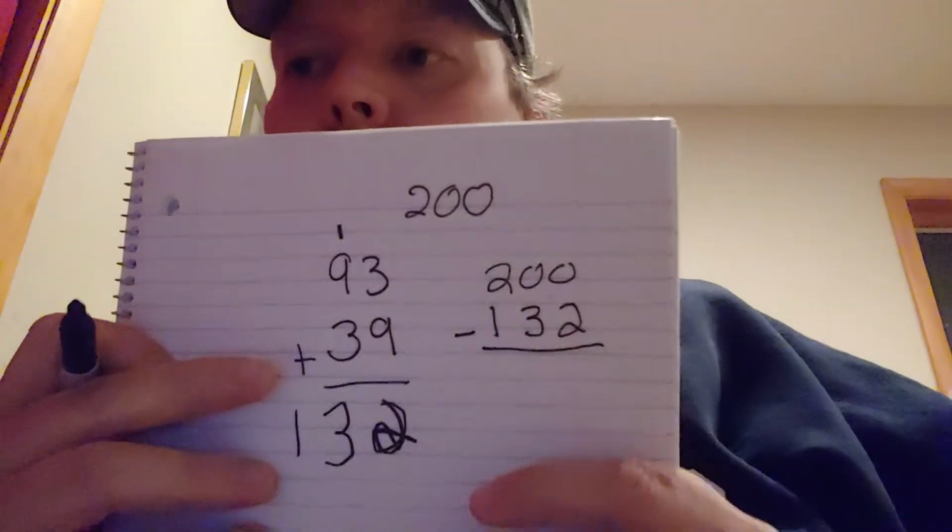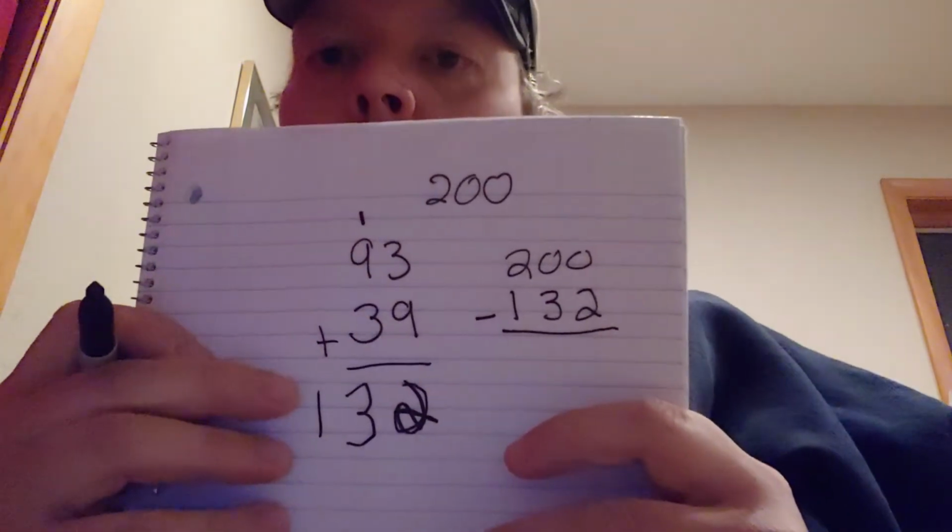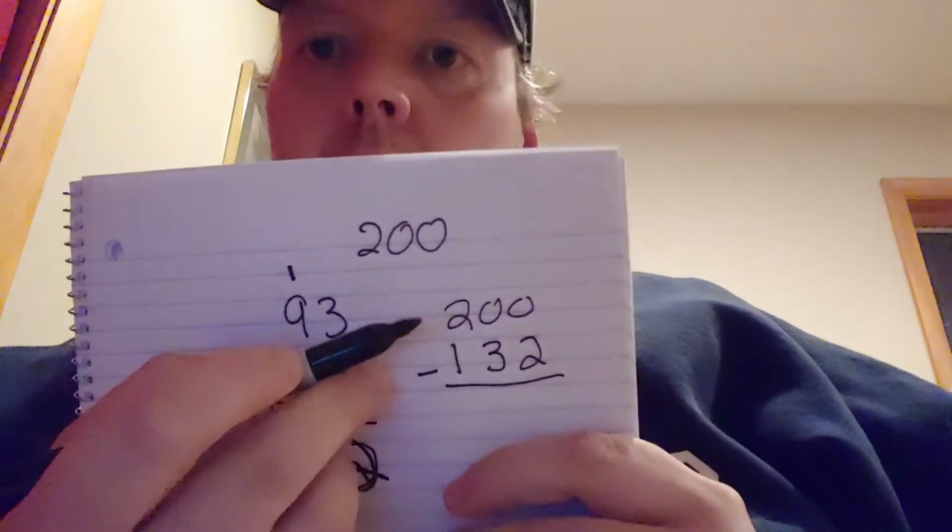So we got 200, and we're going to subtract 132. We're doing a subtraction problem now to figure out our first answer, how many loaves were left. So 200, well, we're going to start from the ones column. 0 take away 2, can't do.